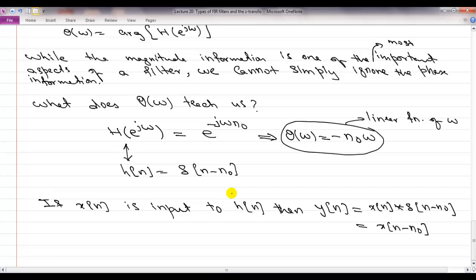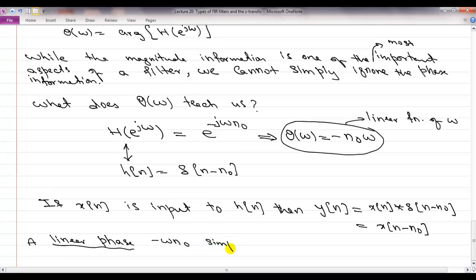Okay? So a linear phase, and the term linear phase simply means what is being multiplied with e to the j. Right? So a linear phase, in this case, it is minus omega n naught. It's a linear function of omega with a slope minus n naught.